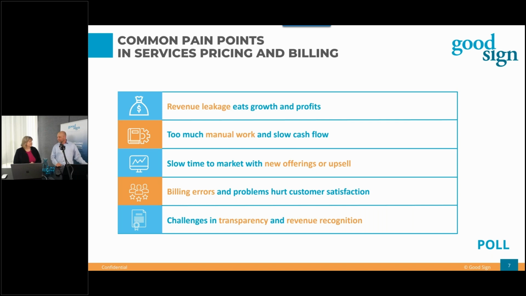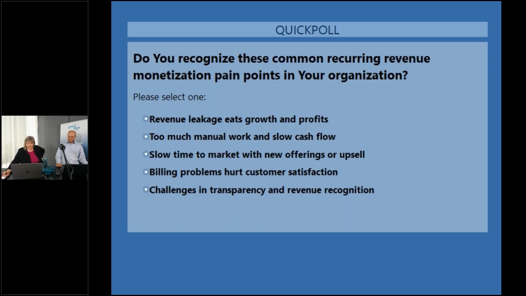But before we go to that, we have a poll. There we go. And now it should come to your screen. So the question around these pain points that Janne just went through, if you can select one or more: if you recognize one of these in your organization, what is evident?